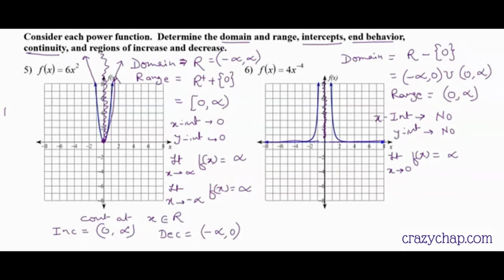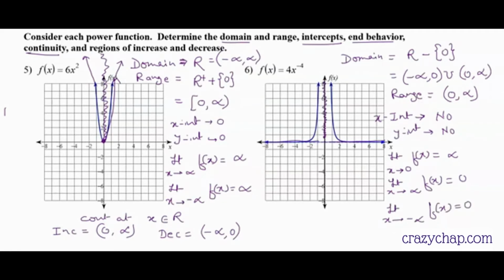And when limit x tends to positive infinity, the function value is equal to 0. When x gets very, very large, the graph gets closer and closer to 0. And when x tends to negative infinity, f(x) again tends to 0.